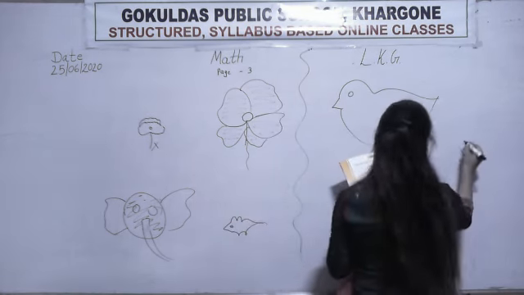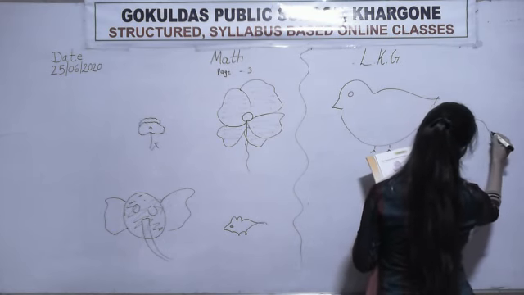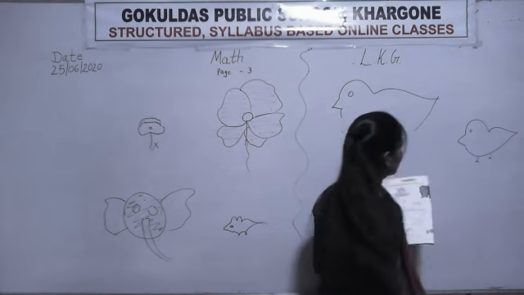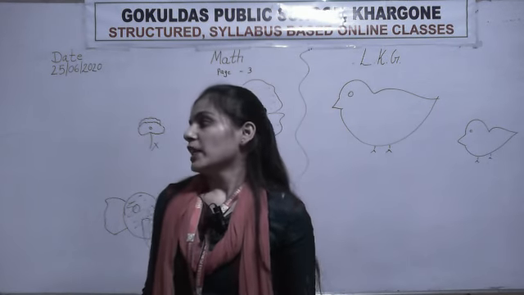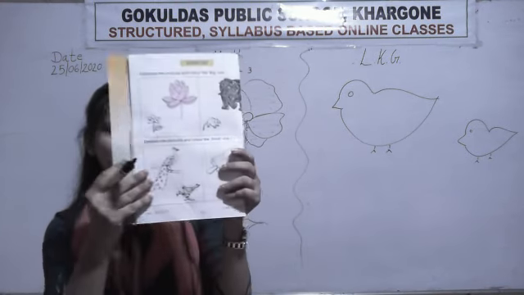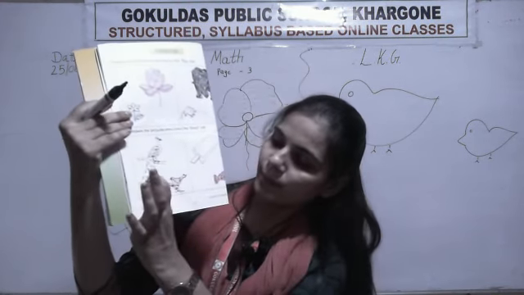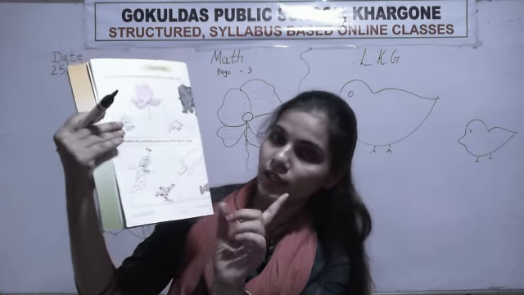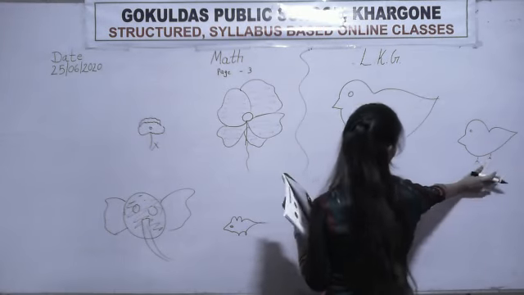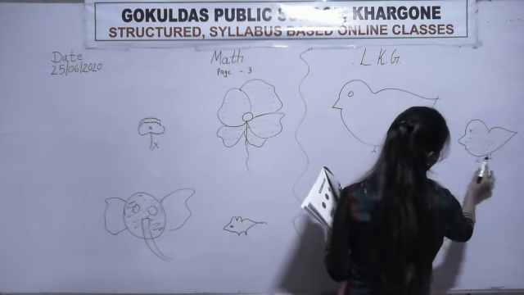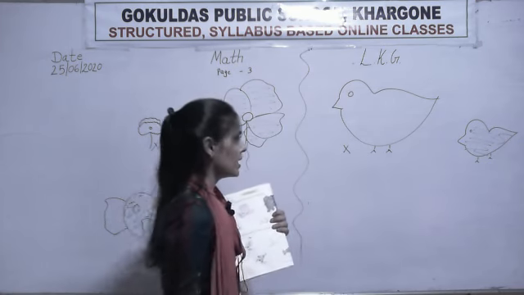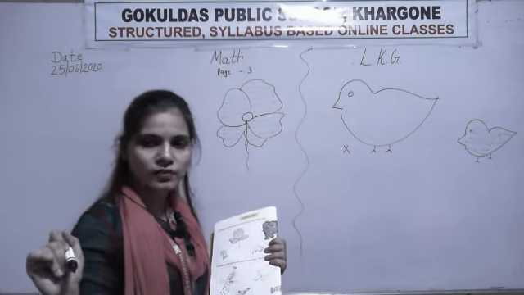Okay, now tell me which one is big and which one is small. In your notebook also, big, small. So color the small one. Which one is small? This one is small. So color the small one and cross the big one. The next condition is color the small one.